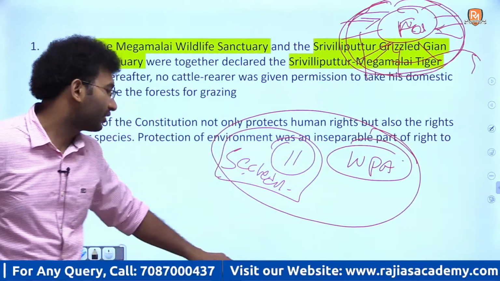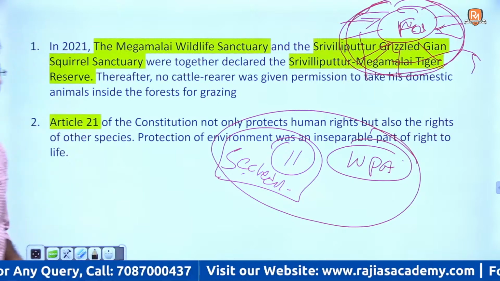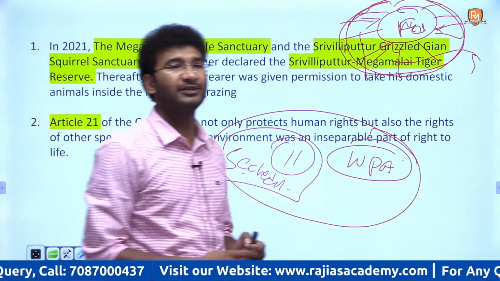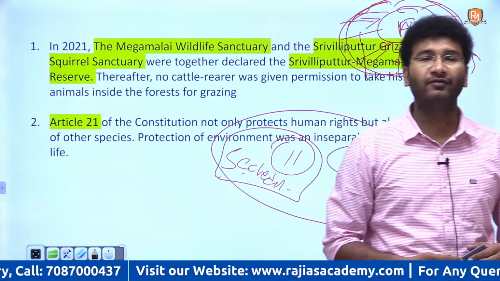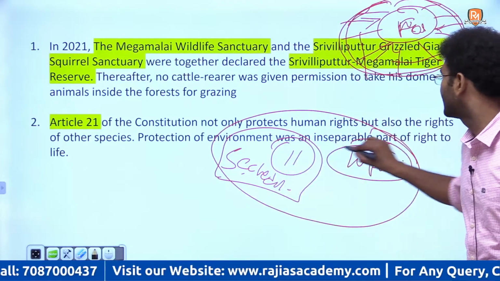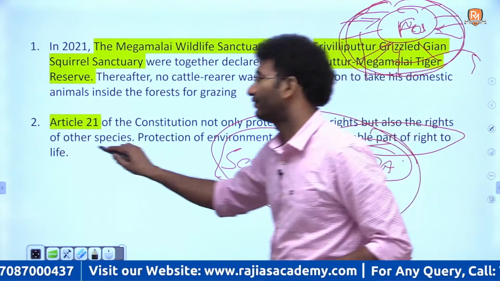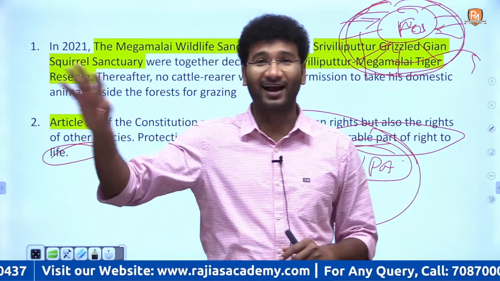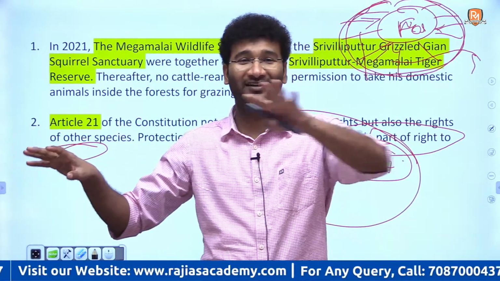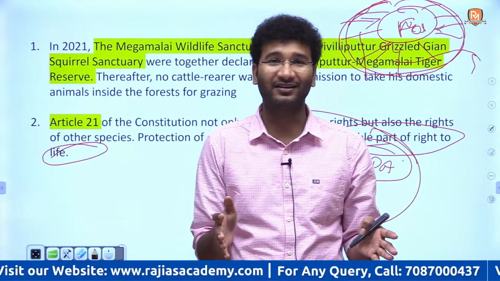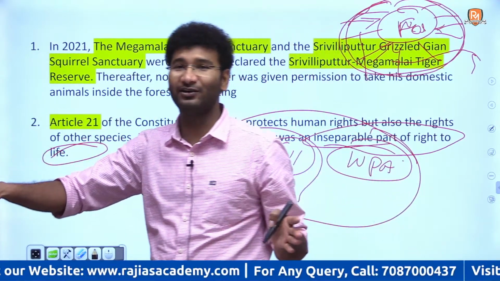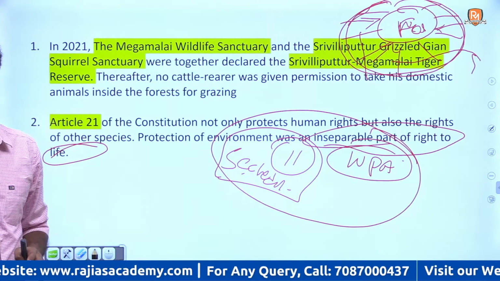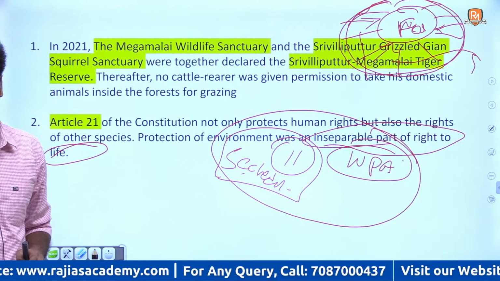And finally the court said that Article 21 of the Constitution not only protects human rights but also the rights of the species, and the protection of the environment is an inseparable part of the right to life. It said that it is not only protecting the cattle, but at the same time it is also protecting the environment of the forest, right, by not allowing this cattle into the interiors of the land, right.